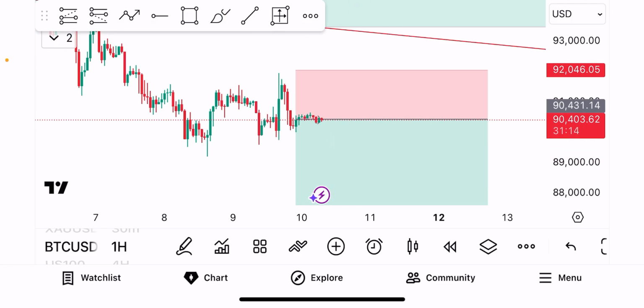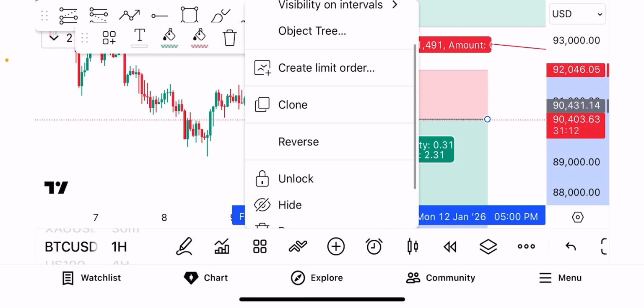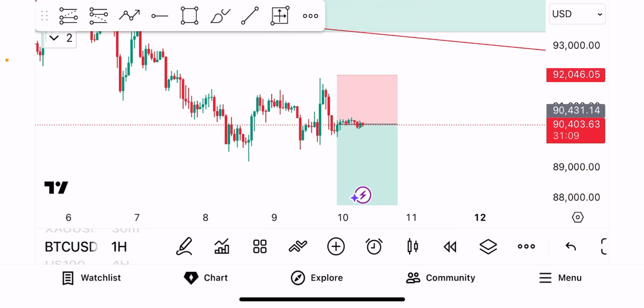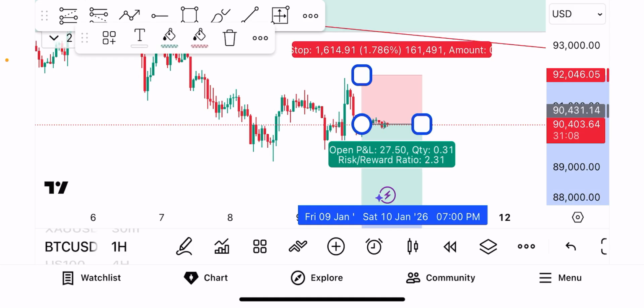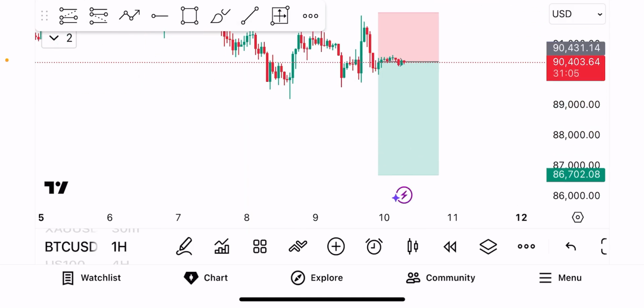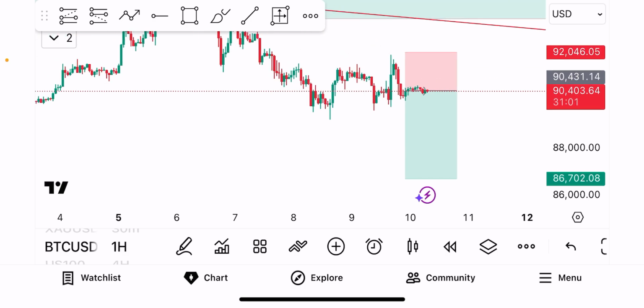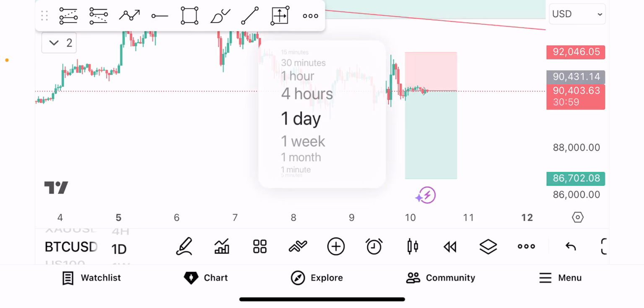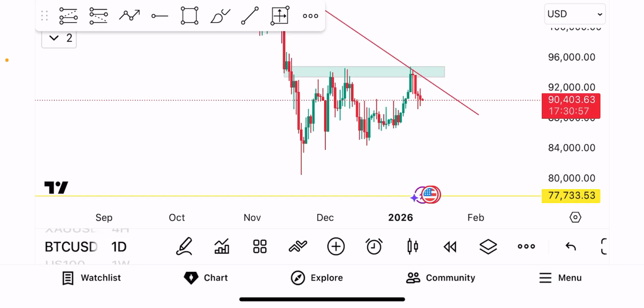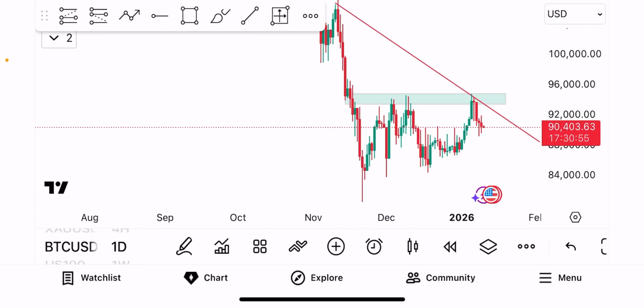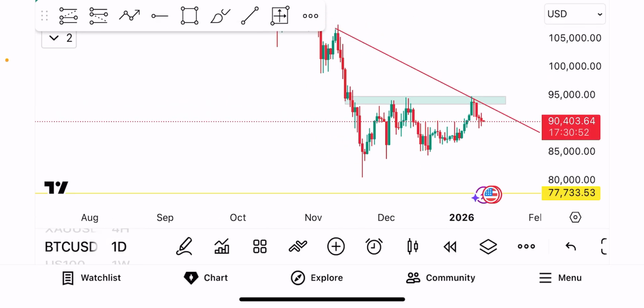So that's why we are selling, and we have our stop loss just above the pullback, and we anticipate price to drop and give us some significant profit in returns. So BTC USD, we are having an active position in BTC USD. We are selling BTC USD right now.